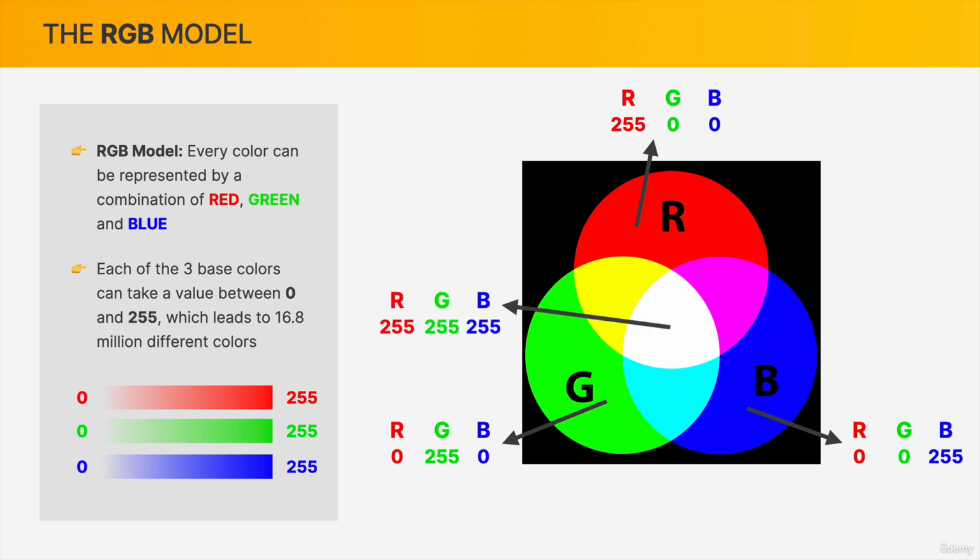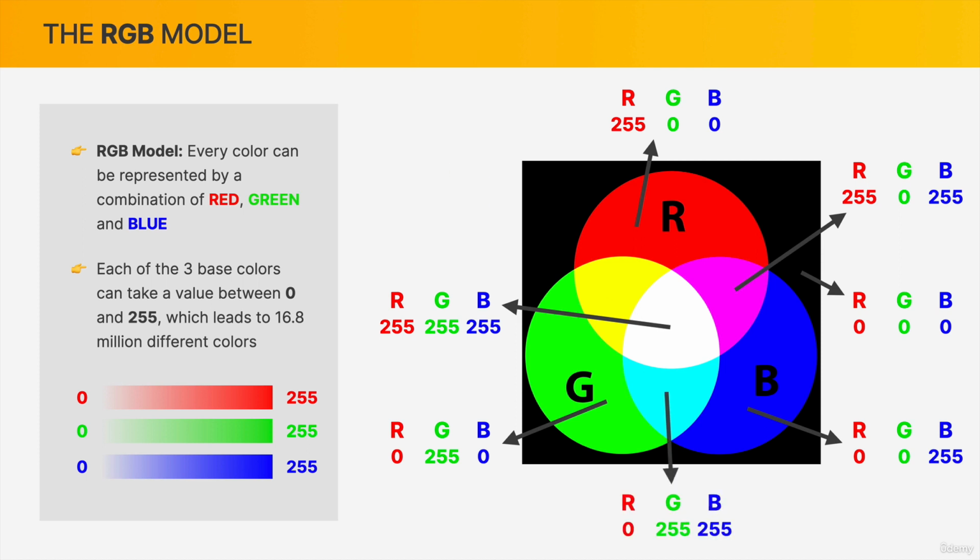Next up, we have white. And in white, we have all the three colors at the maximum of 255. So basically having all the colors at maximum gives us a complete white, while at the other end of the spectrum, when we have all the colors at 0, we get a complete black color. Finally, the other three colors that we have here are a mix of the other two colors that they are made of.